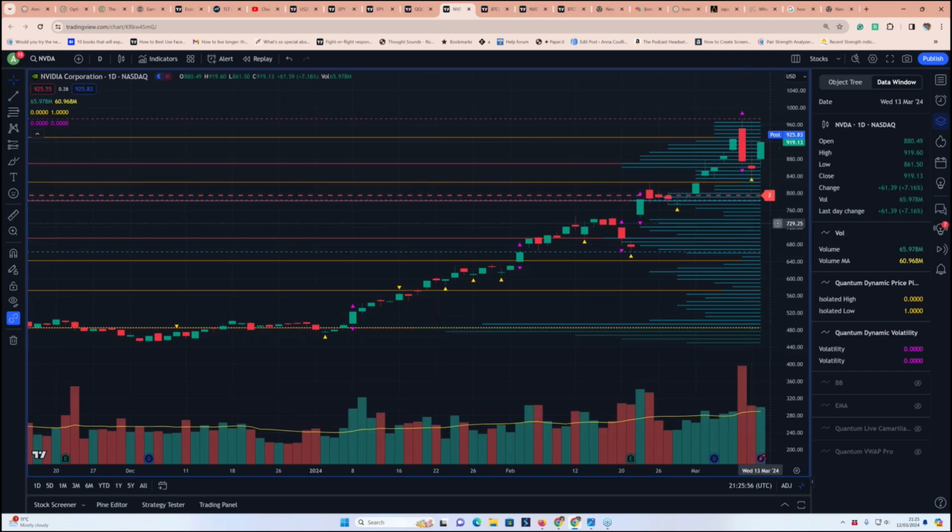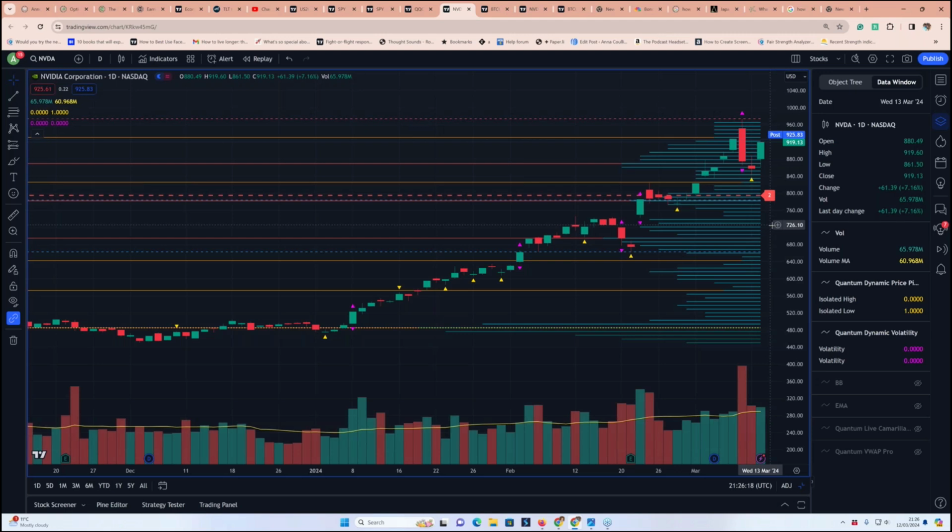It's the first signal, and this is what we have to bear in mind with volume price analysis. We see a signal, but we always have to be a little bit patient and wait for maybe a third candle, sometimes even a fourth candle.